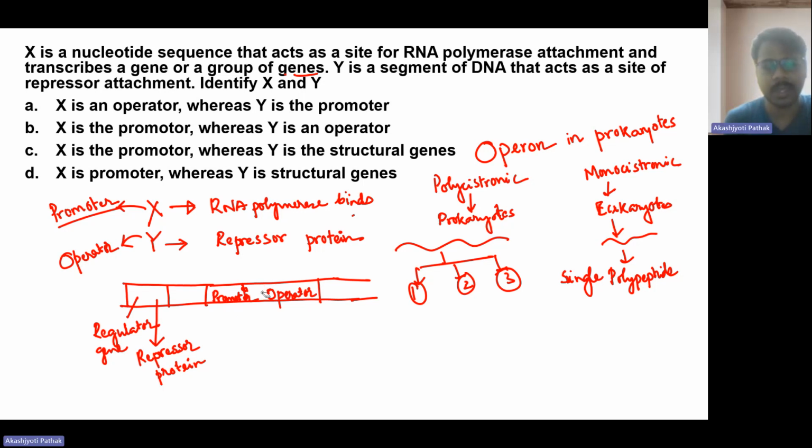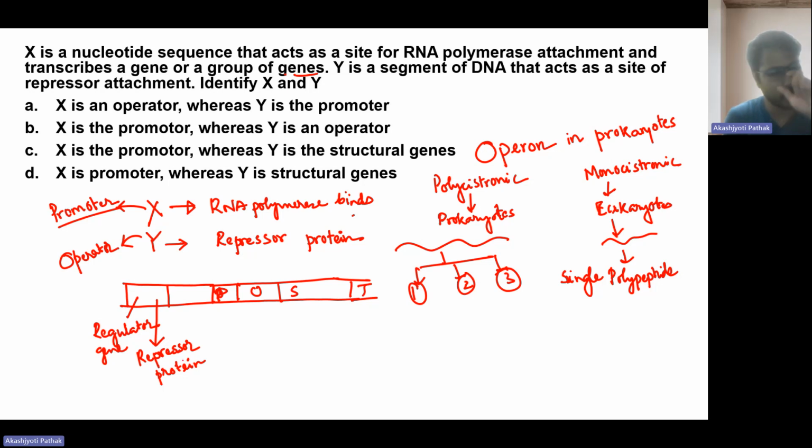First operator region, followed by promoter region, and then structural genes. I'm sorry, first there will be the promoter region, then this is followed by the operator region, then the structural genes, and then there will be the terminator.